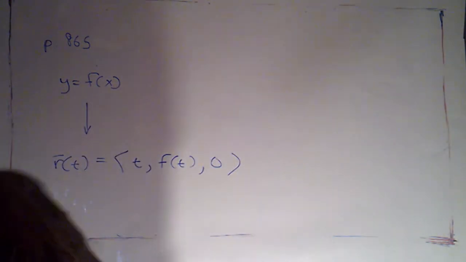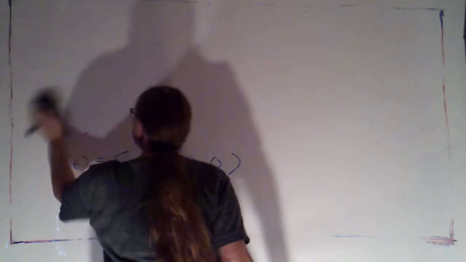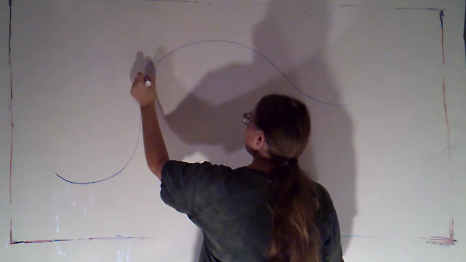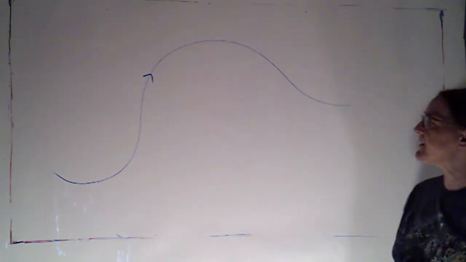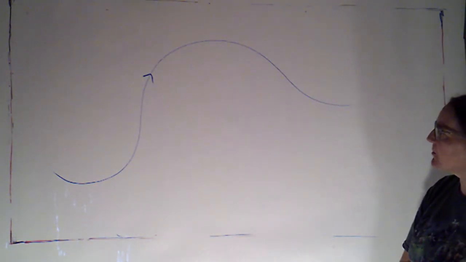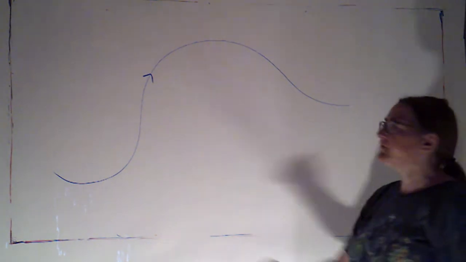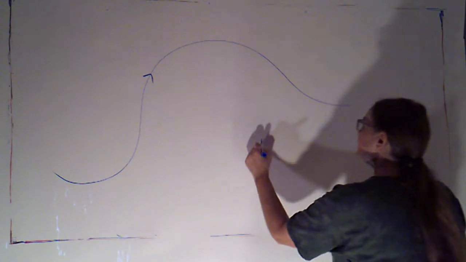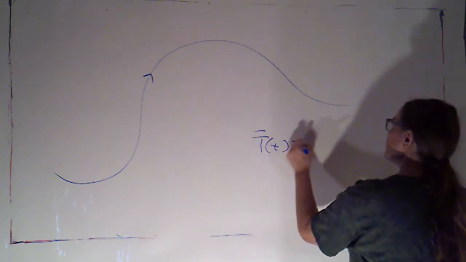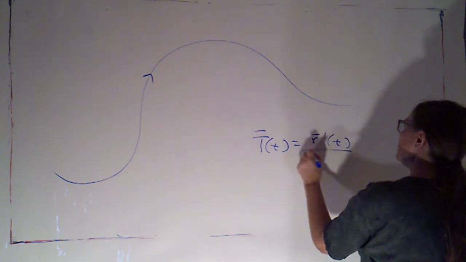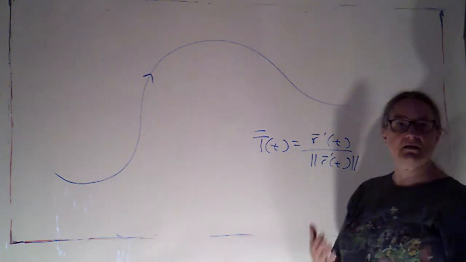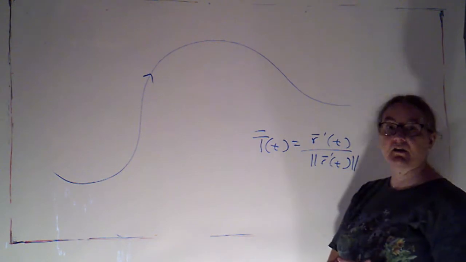All right, so next thing I want to talk about is, I know if I have a smooth curve, and this could be in either 2 space or 3 space, but let's talk about in 2 space for just a moment. If I have a smooth curve, it's going to be oriented, and if it's smooth, T of t, which is just r prime of t normalized, is always going to exist, and in fact it's going to be a continuously varying function of t.